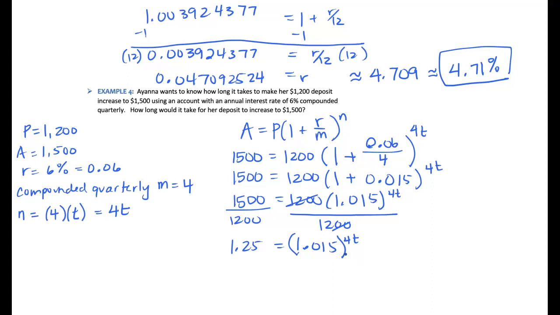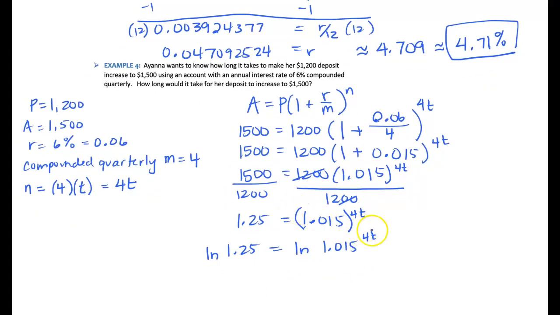To solve, we're going to take the natural log of both sides. Natural log of 1.25 equals the natural log of 1.015 to the 4t power. Using our property of logarithms, that exponent will become the front multiplier, so we can rewrite it as natural log of 1.25 equals 4t times the natural log of 1.015.